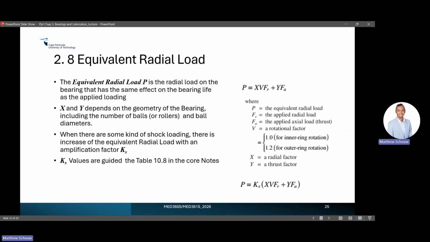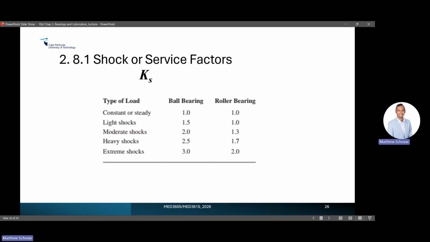And then your Ks would be your service factor, or shock loading factor, in this case. And they are given in tables. So X and Y will depend on the number of balls or rollers or the diameters. So it's factors, but it all comes in tables, which is easy.